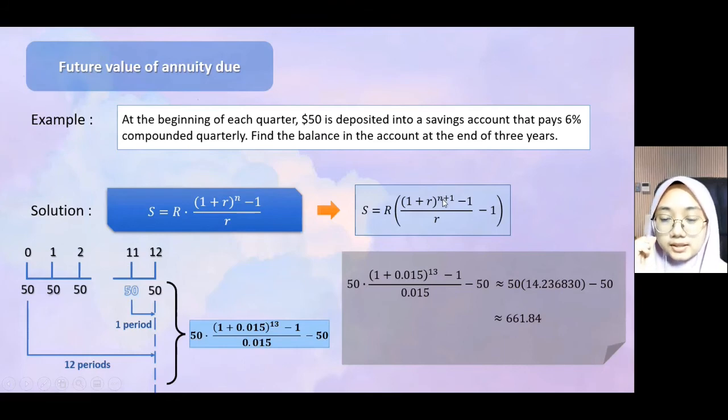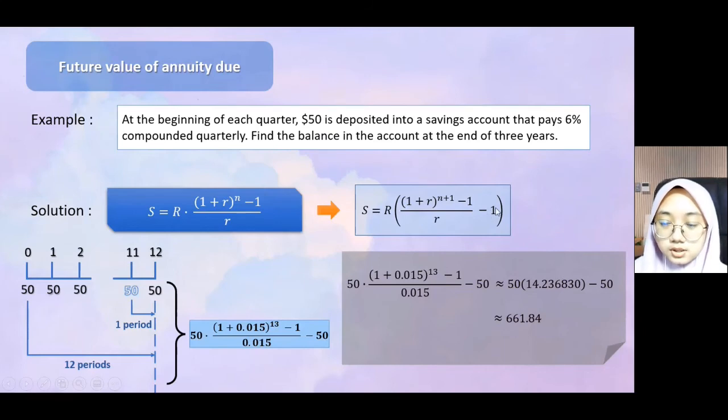the N in the formula will add 1, and in the bracket, as you can see, we will have to subtract 1. It is because after we substitute all the values in the formula, we will have to subtract the final payment, which is $50 in this question.